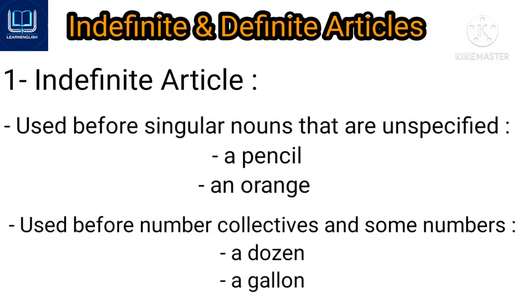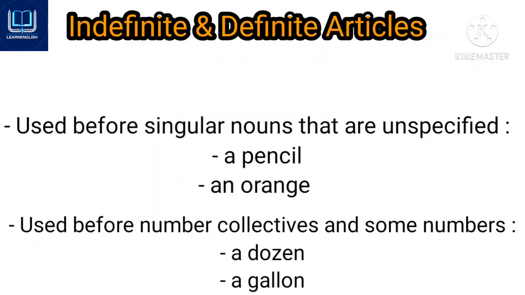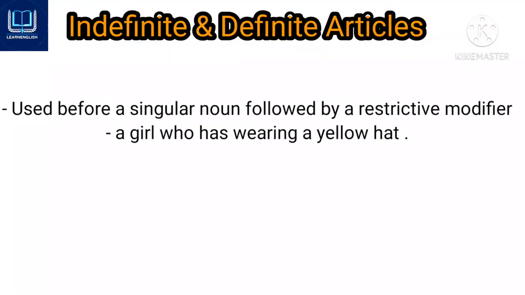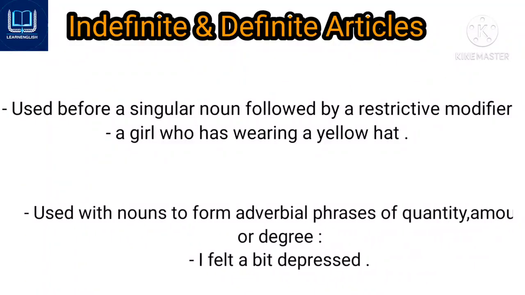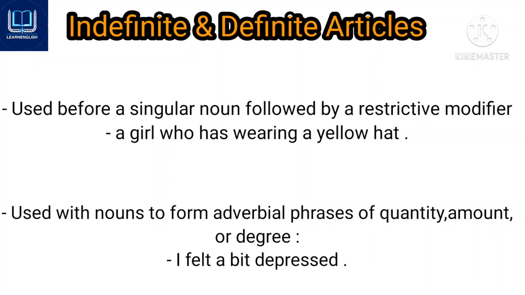Example: a dozen and a gallon. Used before a singular noun followed by a restrictive modifier. Example: a girl who is wearing a yellow shirt. Used with nouns to form adverbial phrases of quantity, amount, or degree. Example: I felt a bit depressed.